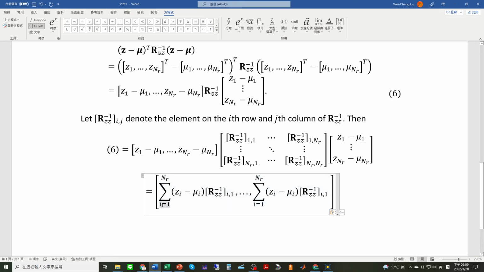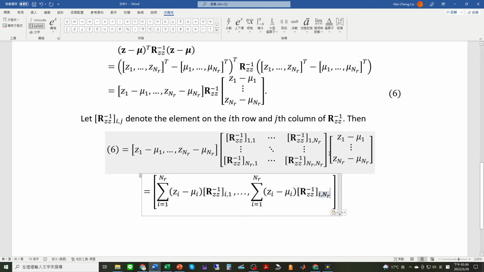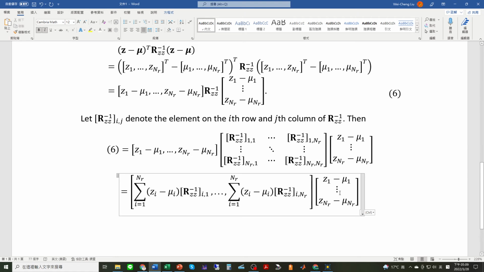Oh, sorry, this should be italic, and this should be italic. I is equal to 1 to NR Zi minus mu I times RZZ inverse I, and this should be NR. Okay, here. Like this. And the final vector remains the same.